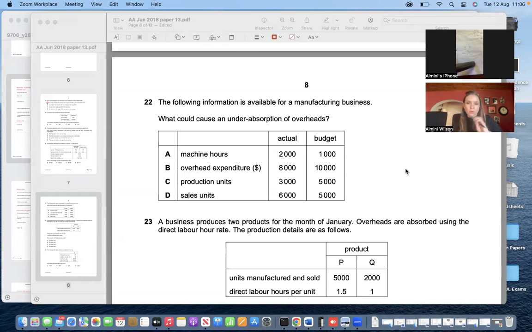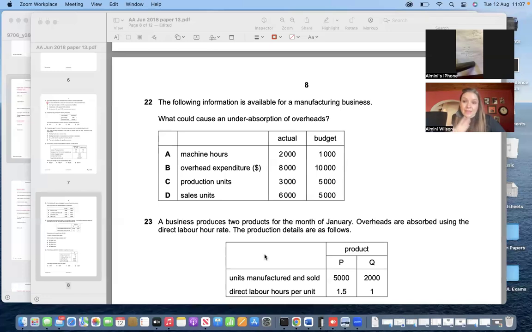So an underabsorption could mean that your actual machine hours were higher than your budgeted. Oh, sorry, that's the wrong way around.